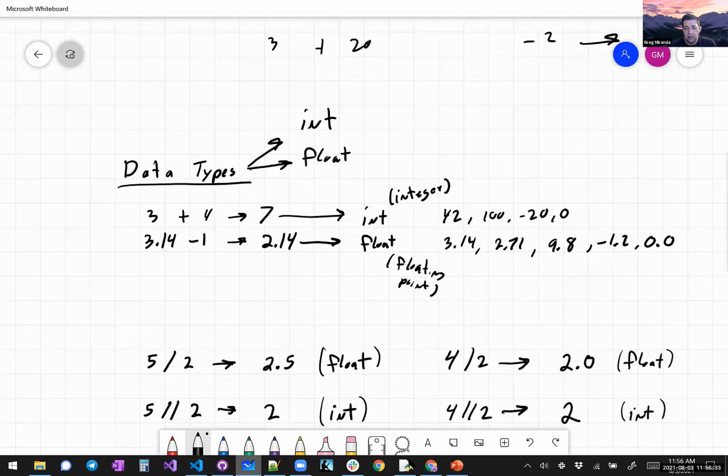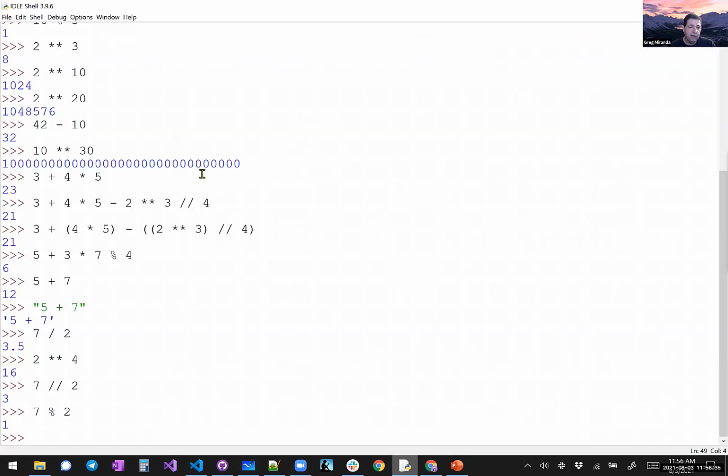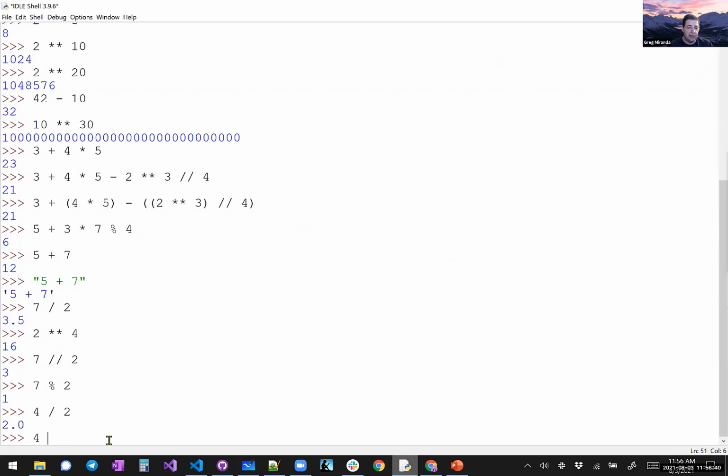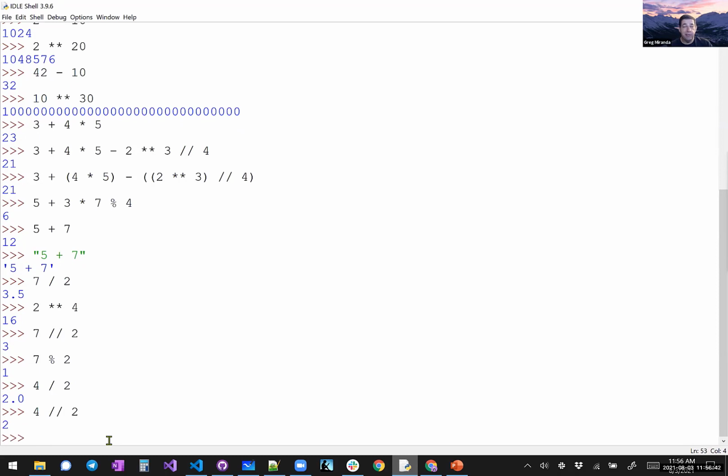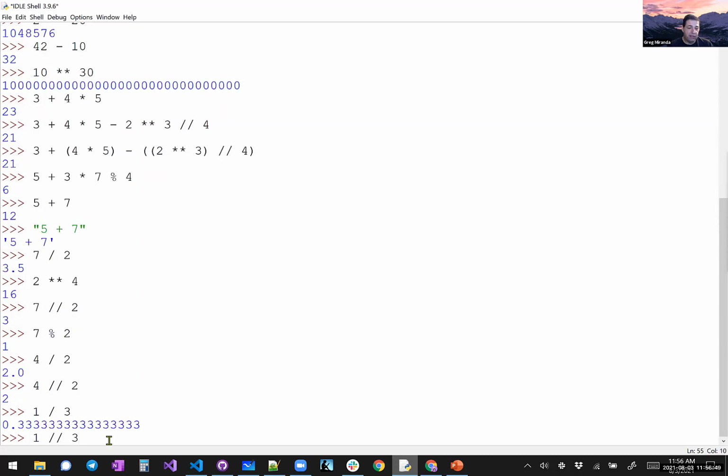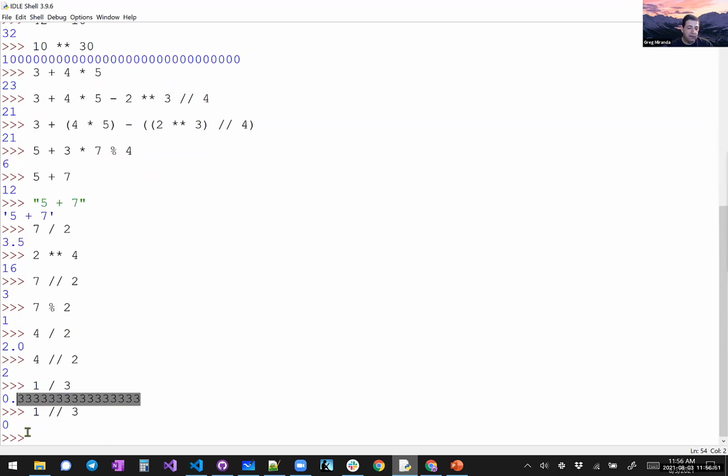Let's look at IDLE, because there are some things we can figure out there. Just doing the example we just did, so you can see the 2.0 and the 2 at the bottom left. Use some other numbers, 1 divided by 3. We get the regular division, and we get the floor division, which is really just the integer part of the quotient. Then let's look at 3 times 4, plus 5 divided by 2 minus 1.